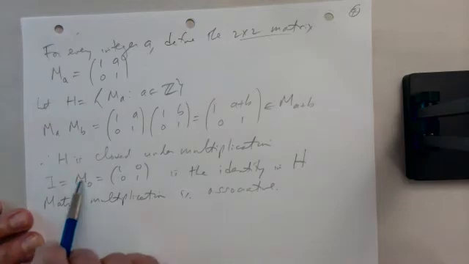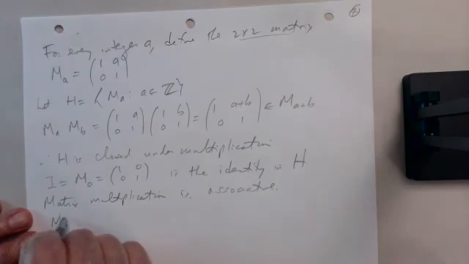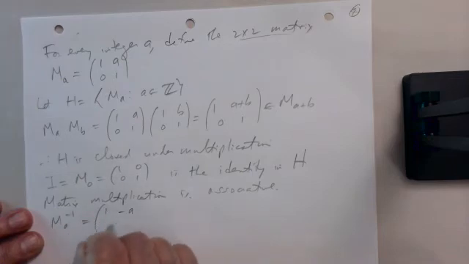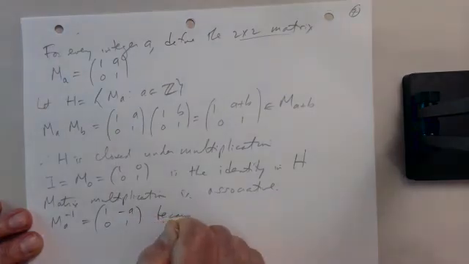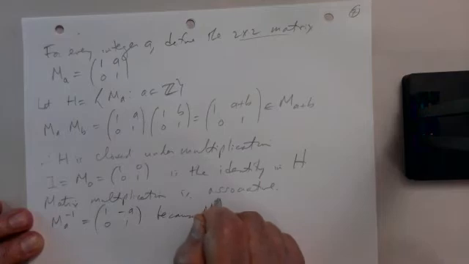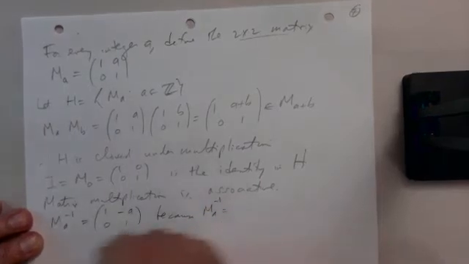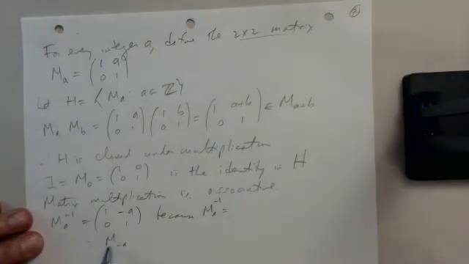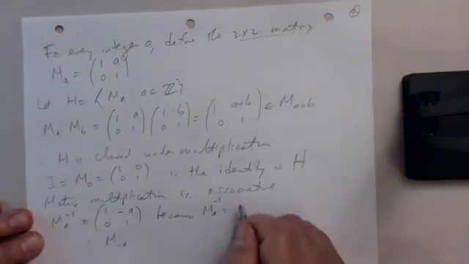And if this is the identity, what is the inverse? What is M sub A inverse? What is the inverse of this matrix? I claim it's the matrix 1, minus A, 0, 1. So this is M sub minus A. The matrix M sub minus A has a minus A there.